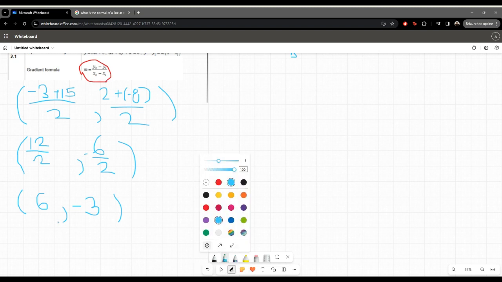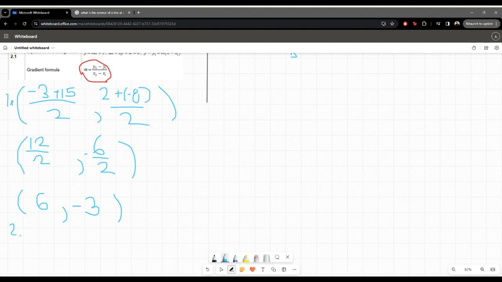Now for question 2, we find the slope, where m is equal to y2, which is -8, minus y1, which is 2, and it is divided by the change in x, which will be 15 minus -3.